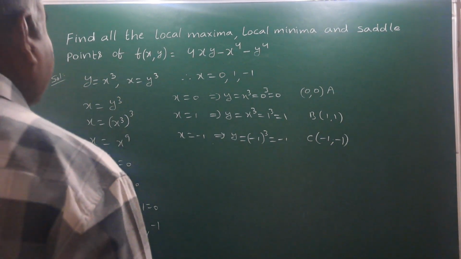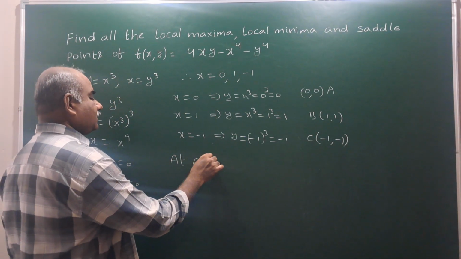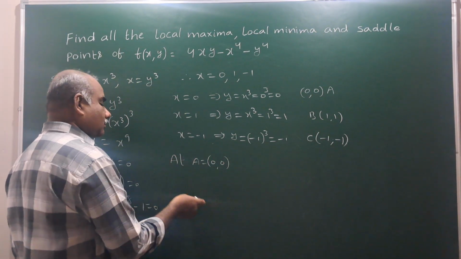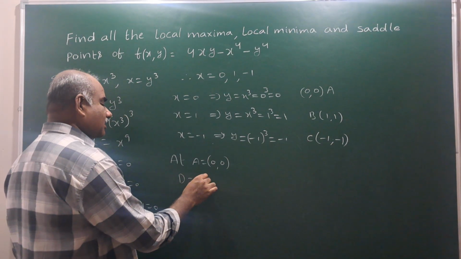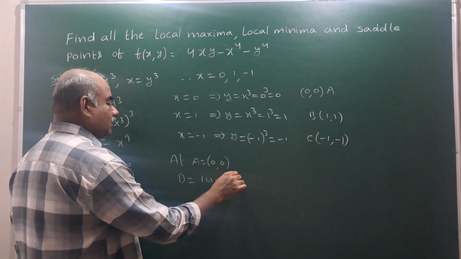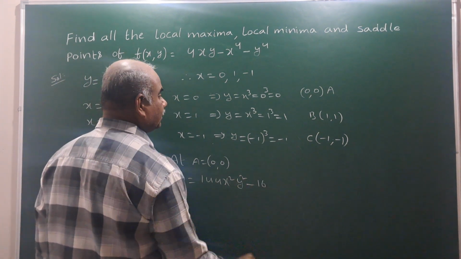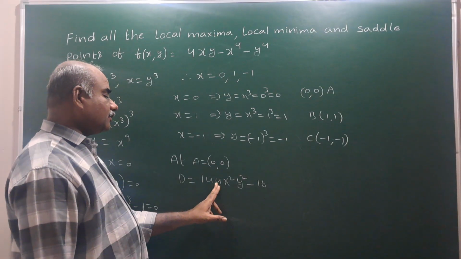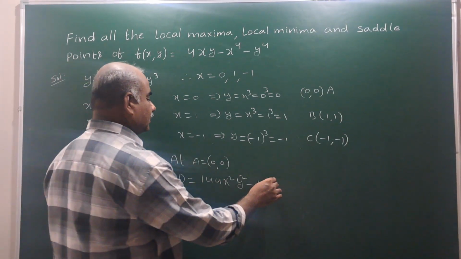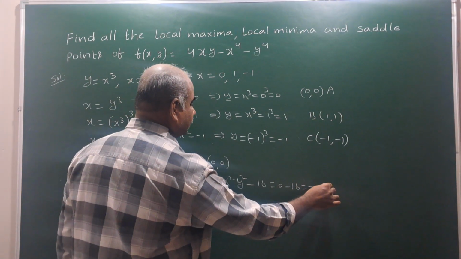At A = (0, 0), first of all, we have to find the discriminant. The discriminant is 144x²y² − 16. With x = 0 and y = 0, 144 × 0 × 0 = 0, minus 16, which is −16.